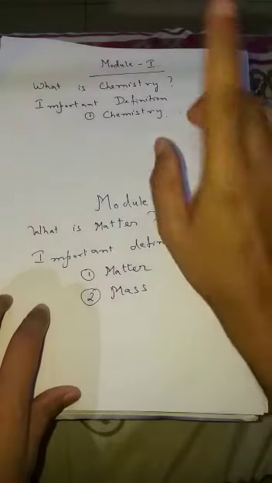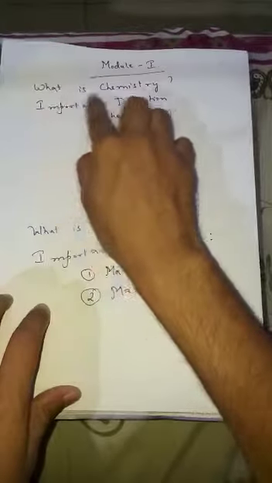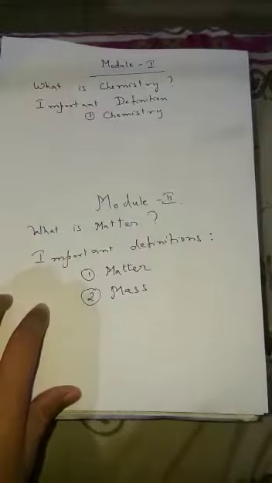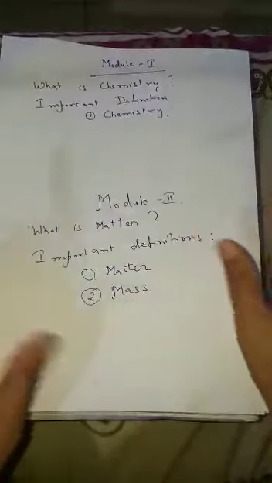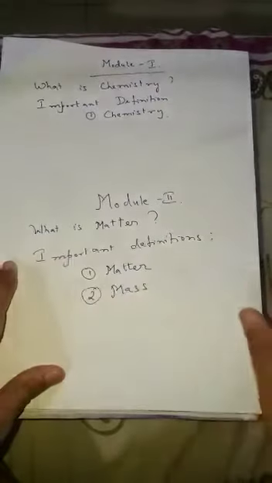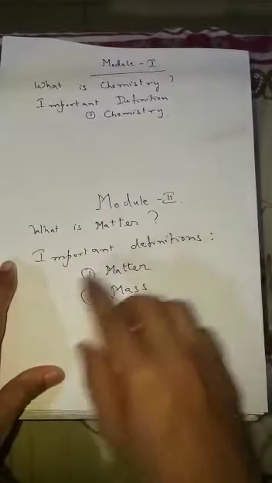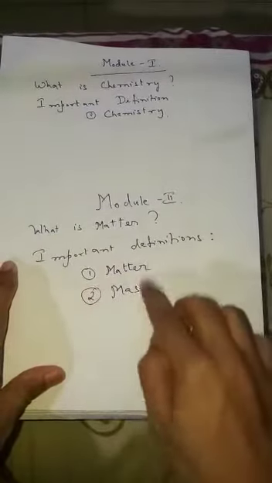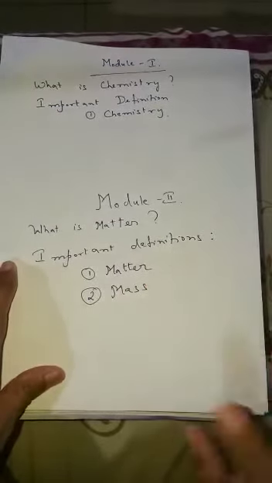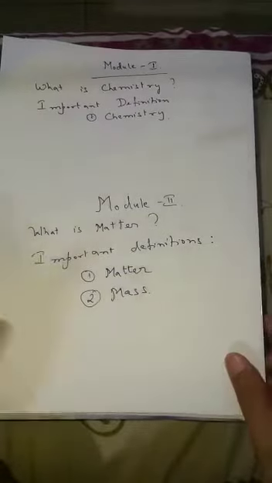You open up module 1, you understand what is chemistry, and recapitulate how to define chemistry. If you can do that, you have completed the first module. You open up the second module, study what is matter, check if you can define it perfectly in one sentence. If you have been able to define these two, your second module is over.